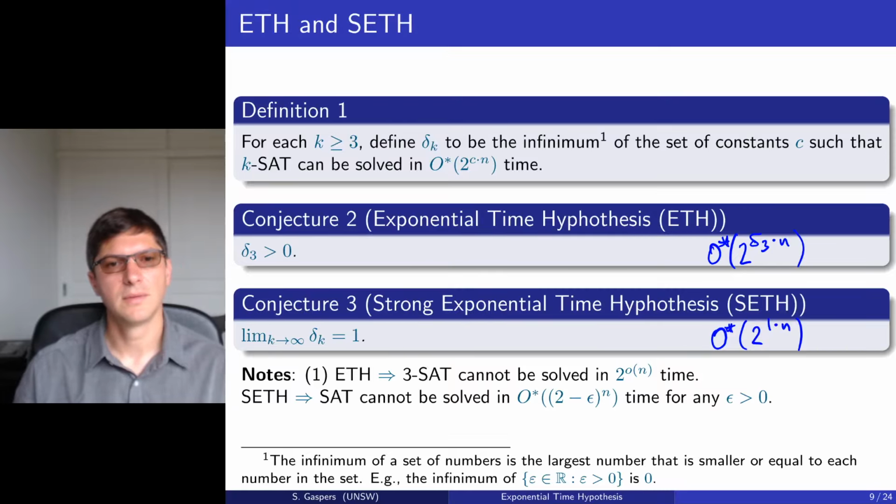So the exponential time hypothesis implies that 3SAT cannot be solved in sub-exponential time, and the strong exponential time hypothesis implies that SAT cannot be solved in time O star of (2 minus epsilon) to the power n for any positive epsilon.